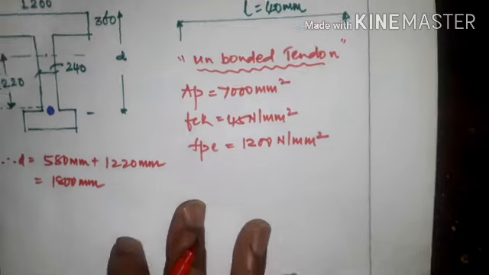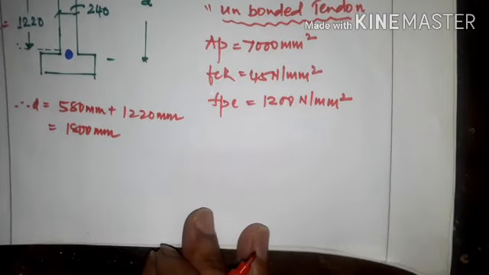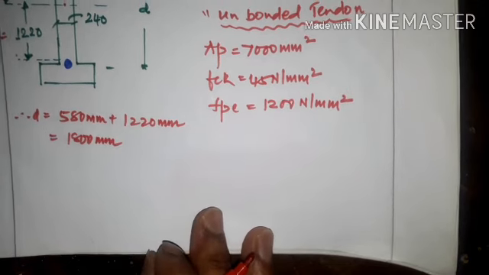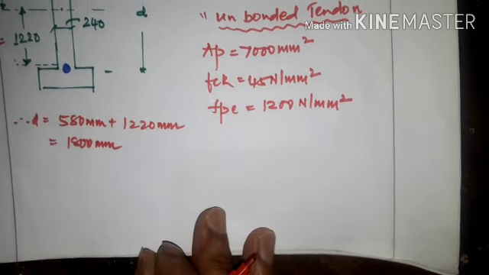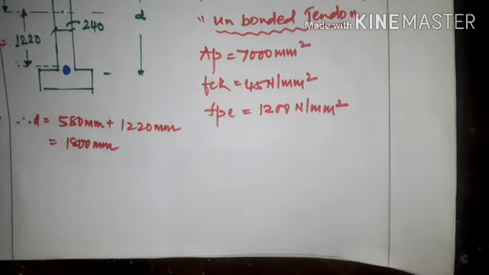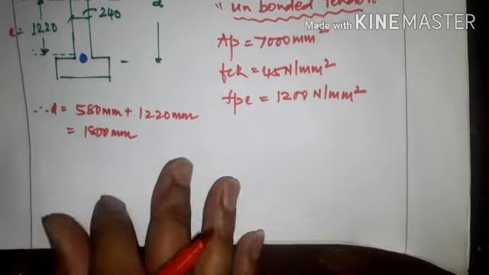Then again, it is a flanged section. So again we have to assume whether the neutral axis lies within the flange or outside the flange.